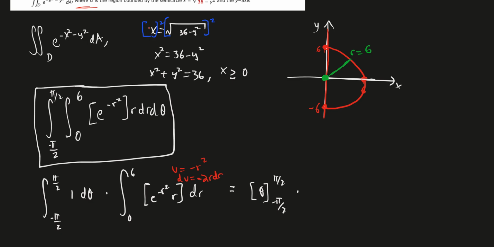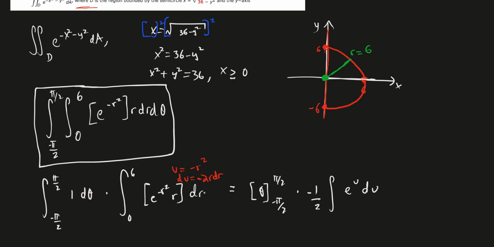So we have to insert a negative 2 in, so we have to insert a negative 1/2 out. So negative 1/2, and then negative 2r dr becomes du, and then e to the u.